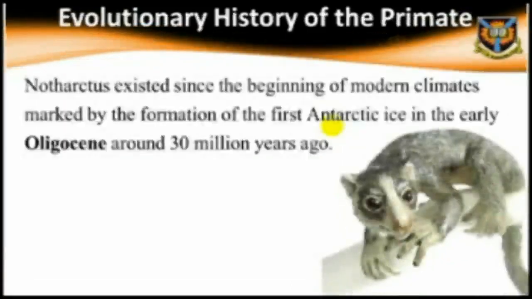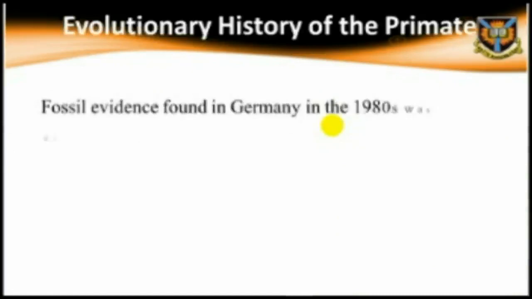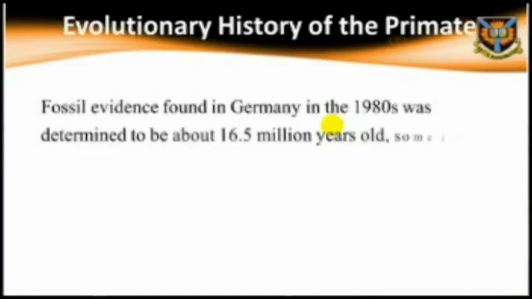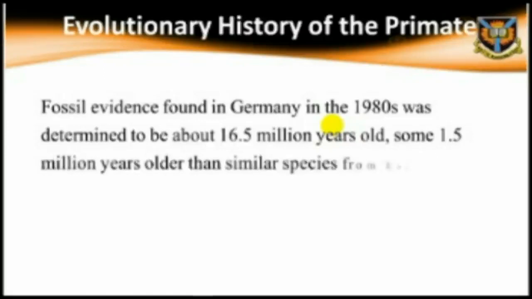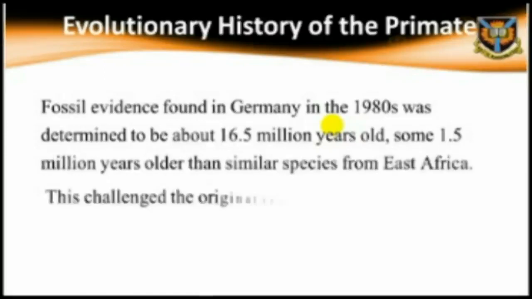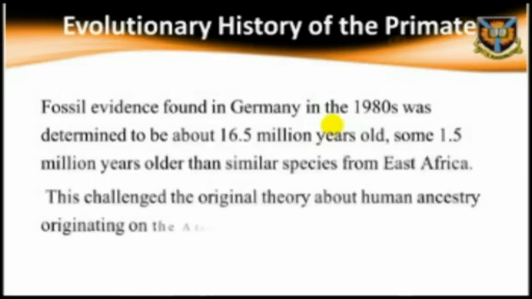Notharctus existed since the beginning of the modern climate, marked by the formation of the first Antarctic ice in the early Oligocene around 30 million years ago. Fossil evidence found in Germany in the 1980s was determined to be about 6.5 million years old, some 1.5 million years older than similar species from East Africa.